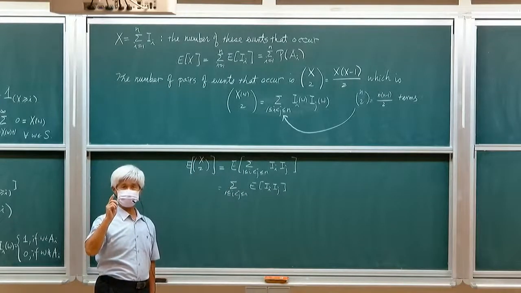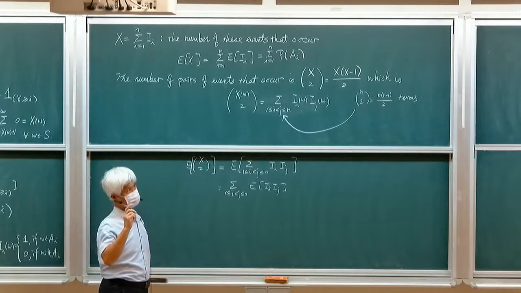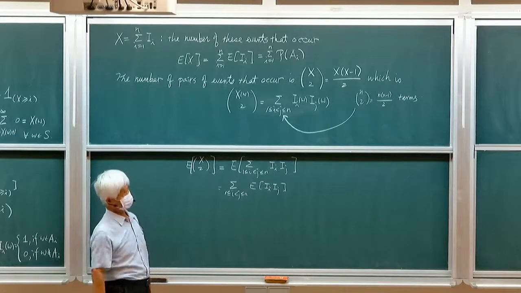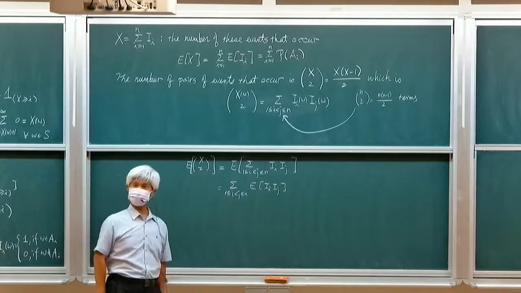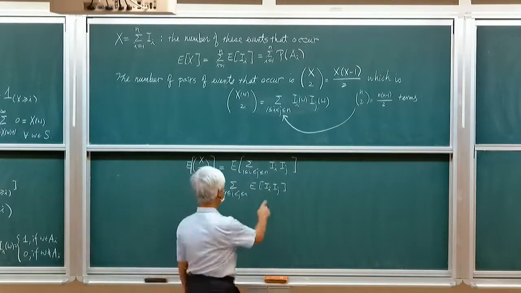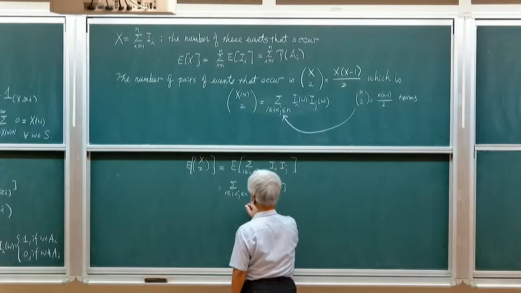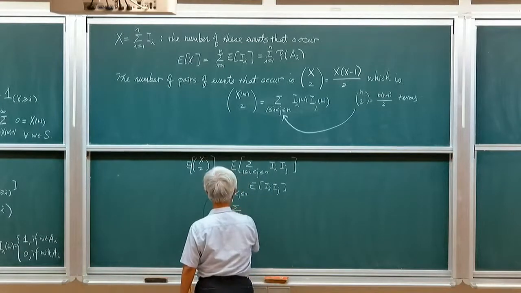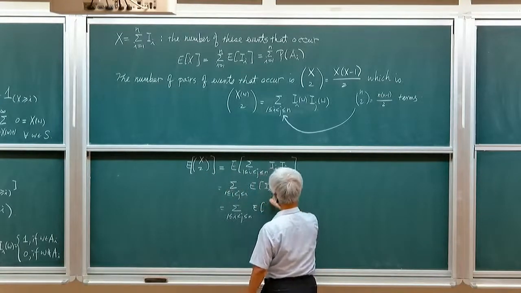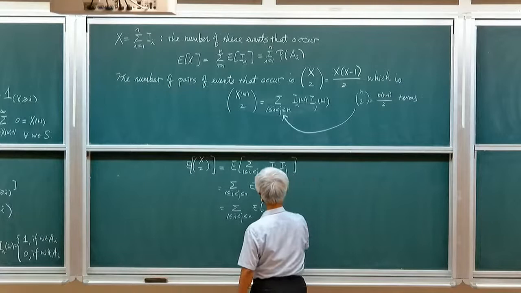This is actually expected. So the product of the indicators is the indicator of A_i intersect A_j.